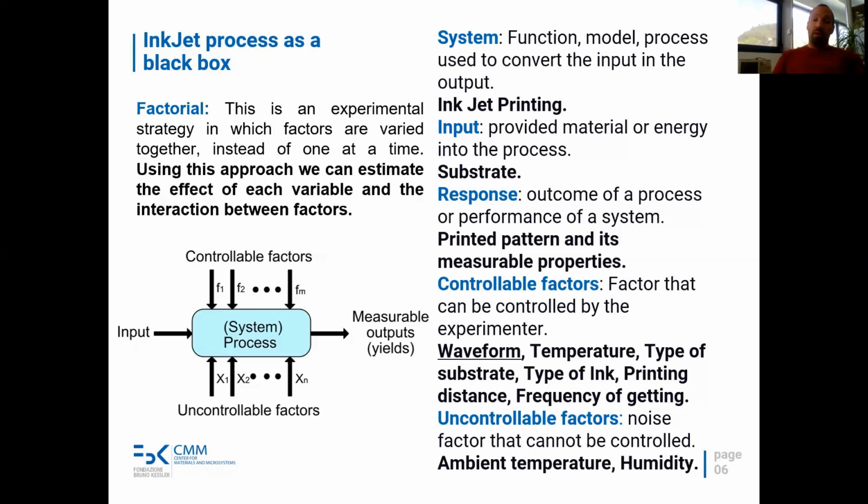To keep them from influencing the process, we conducted a randomized experiment. Then we have the response, which in this case is the printed pattern and its measurable properties. And we have some input. Our input is the material that we choose.